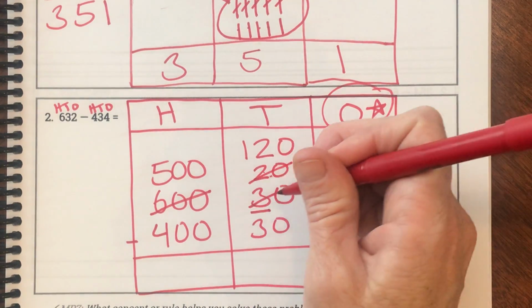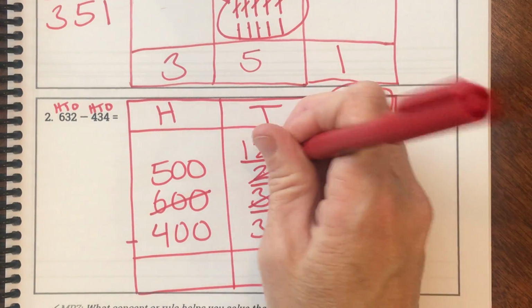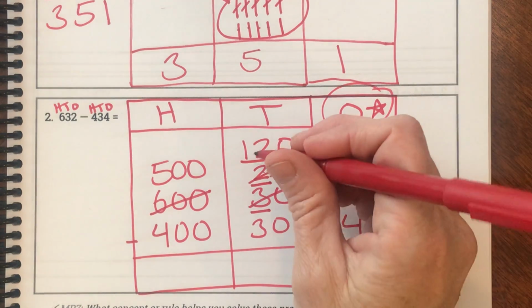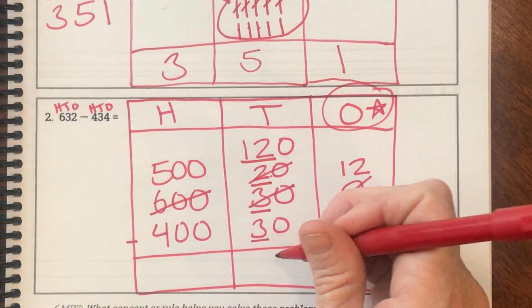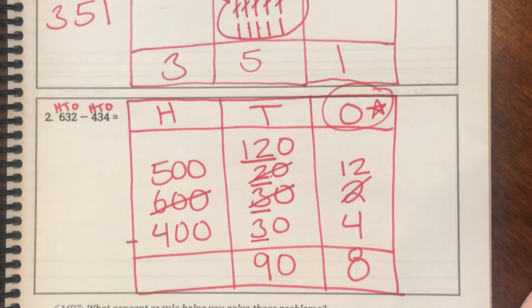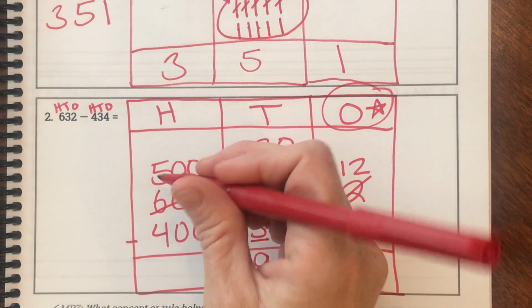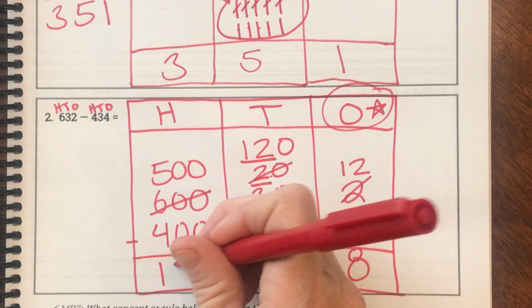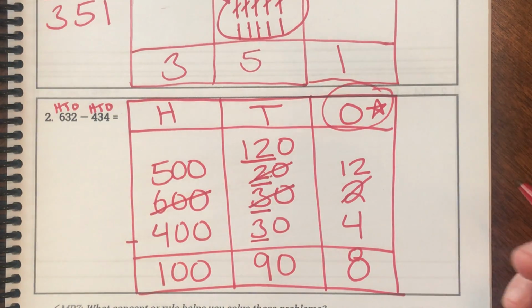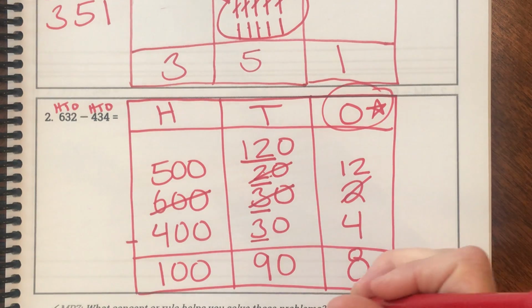Or instead of 3 tens, I ended up with 2 tens. Now I have 12 tens. So 12 tens, take away 3 tens, leaves me 9 tens, which is 90. And then 500, take away 400 is 100. So my difference would be 198.